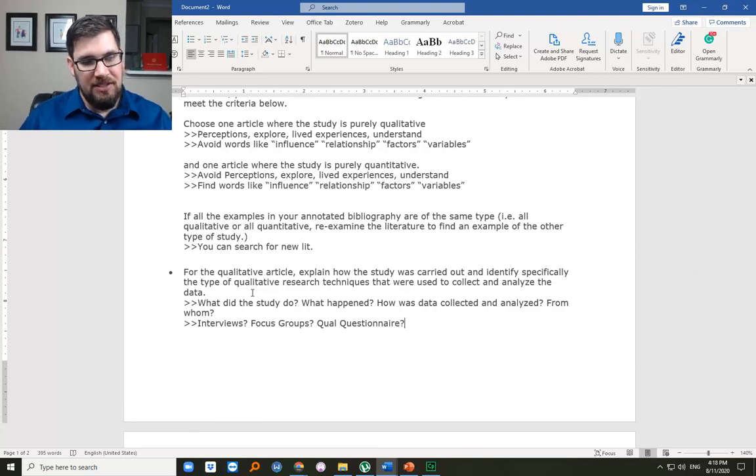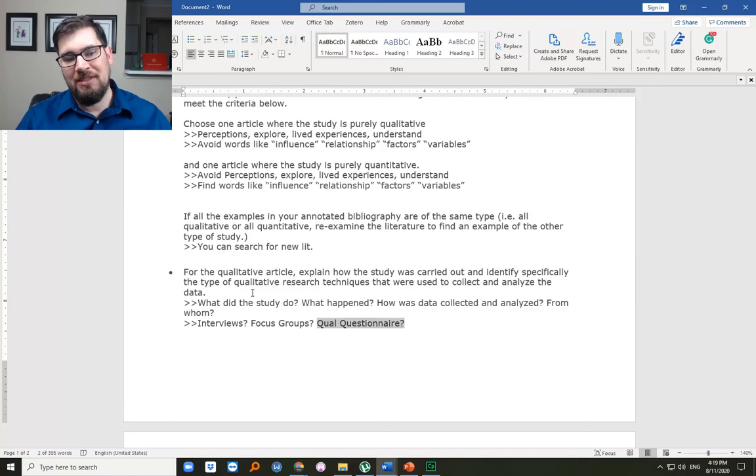But at the dissertation level, I normally ask my students to avoid focus groups because there's less control over confidentiality, which is a big deal. And it also takes a little bit more mastery to perform a focus group than to perform an interview. As you're learning at the doctoral level, we encourage interviews.